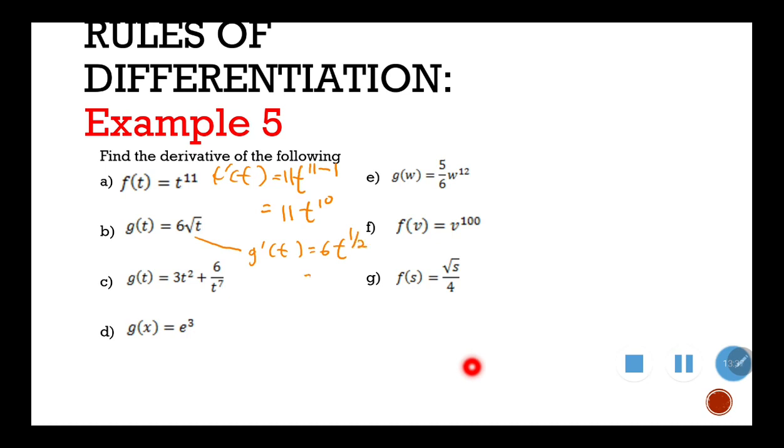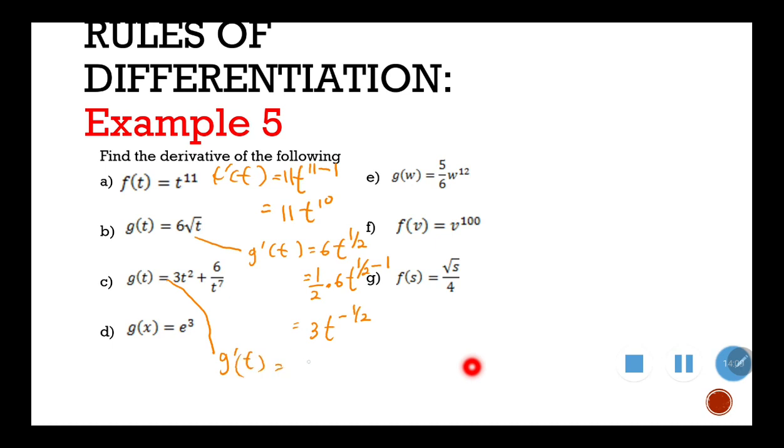Okay, bring half to the front, and then this 6 here, and then t to the power of half minus 1. Okay, so this one, I'm sure you have learned this, I think, in high school. This is easy peasy.